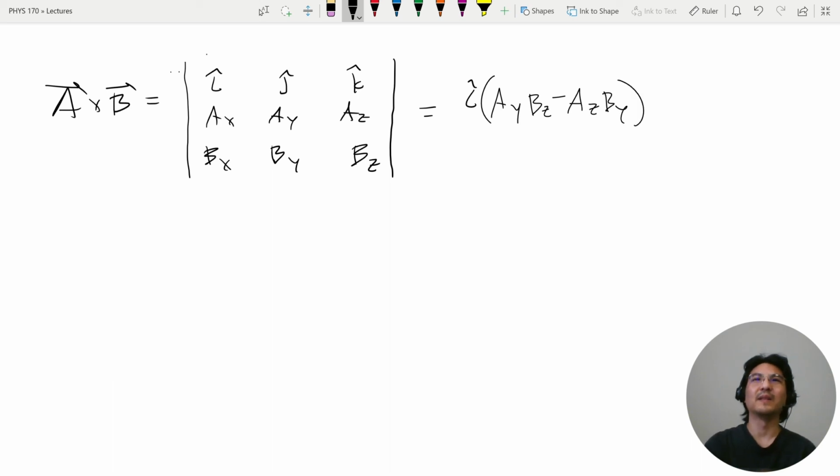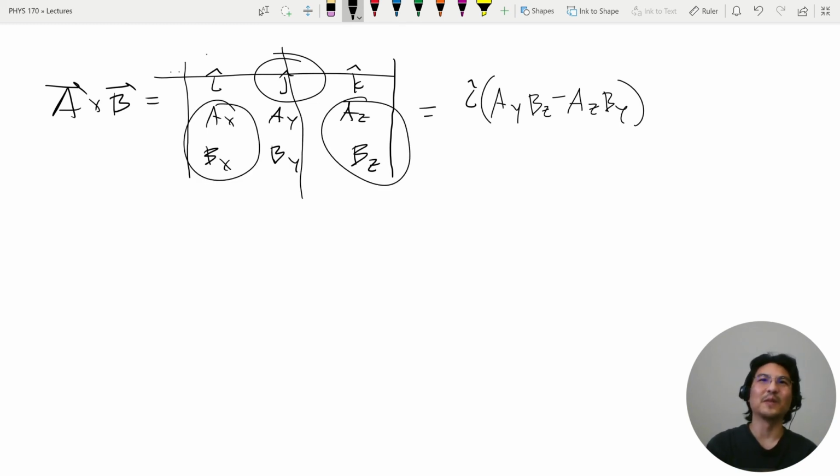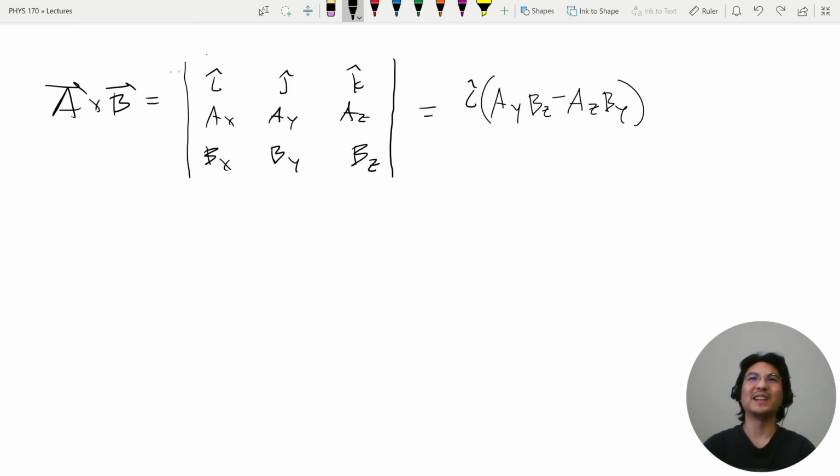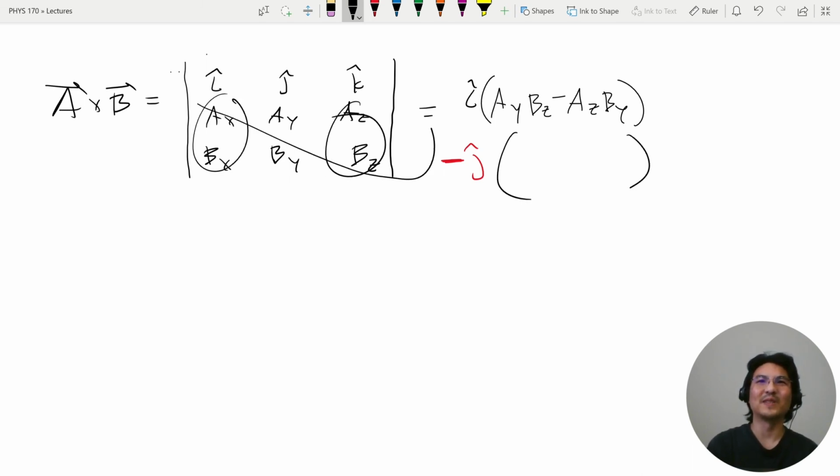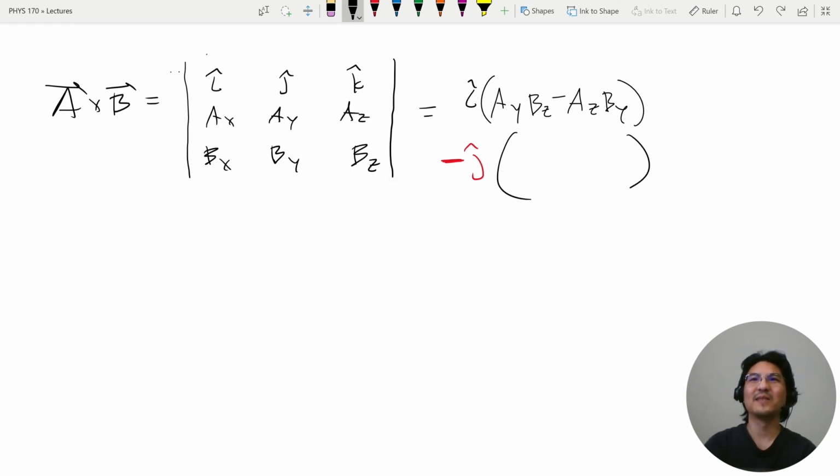Okay, and then J, so you ignore this row and you ignore this column. What's left over, you multiply like a fish. But then here's the issue: with J, it's minus. So you've got to watch out, right? So minus J, and then these, like a fish, AXBZ minus AZBX.